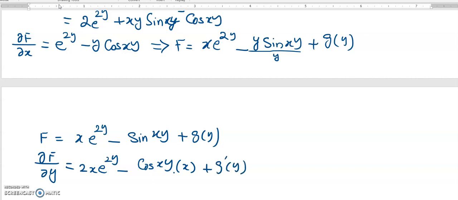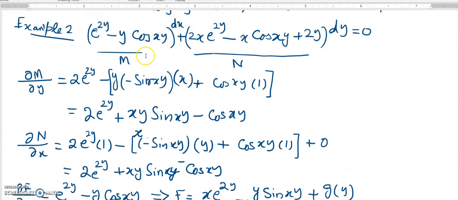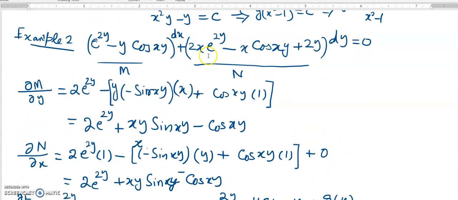So now we can compare this with our N function. What is the N function? N function is this 2x e power 2y.